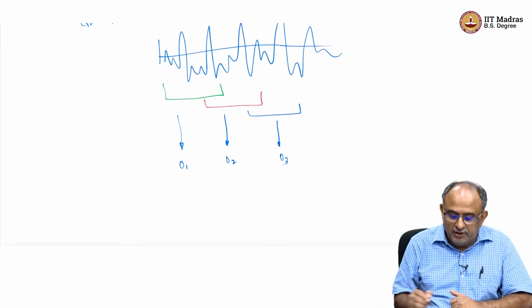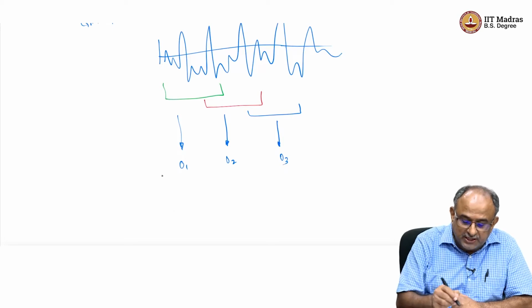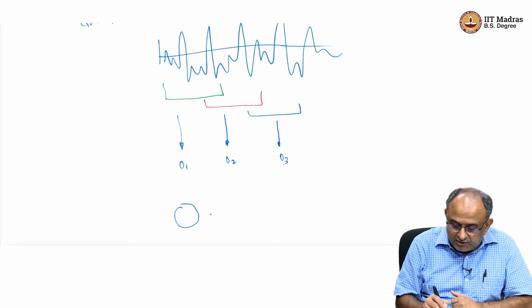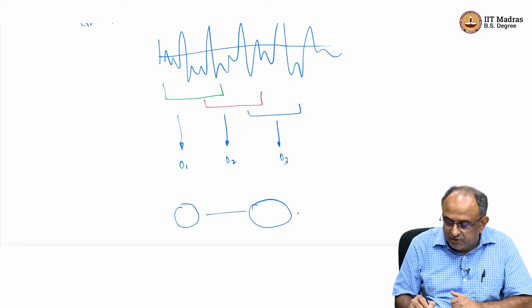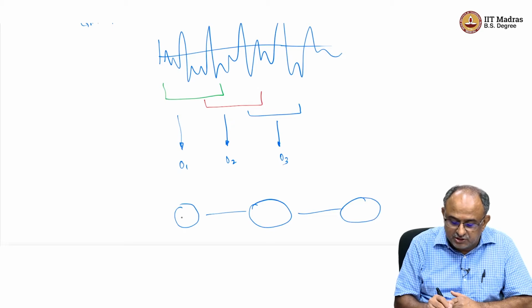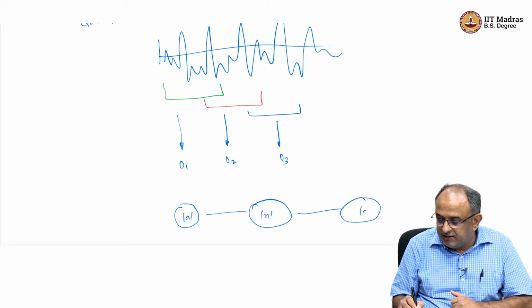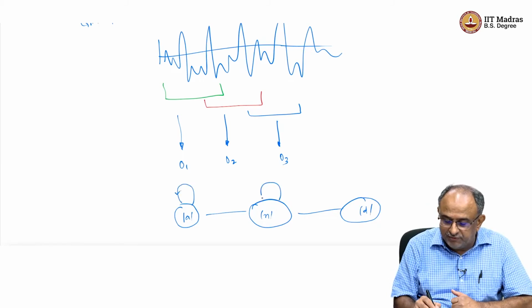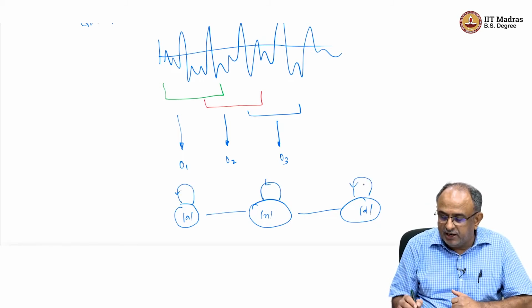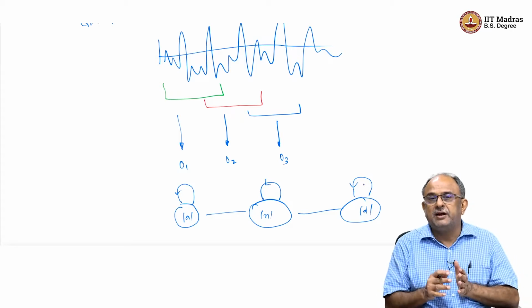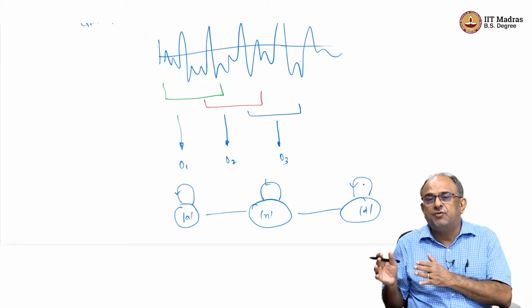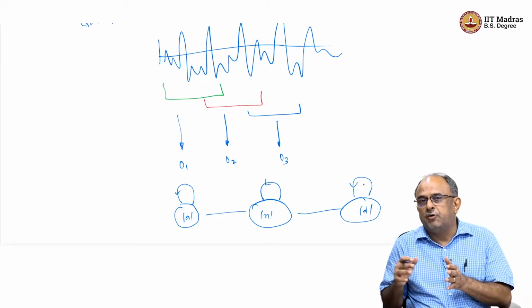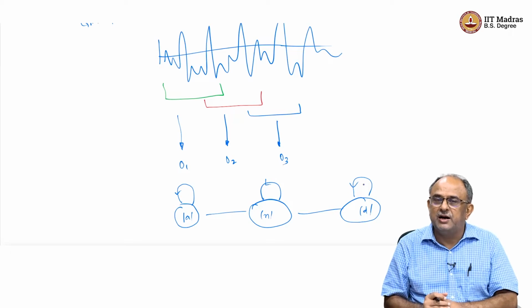Then we have a hidden Markov model, which captures these sounds as states. If I am saying and, these are going to be the states, and they have what is called the transition probability, which gives an idea of, once I get a, how often I get to n, or how often I stay in the same sound a, and so on.